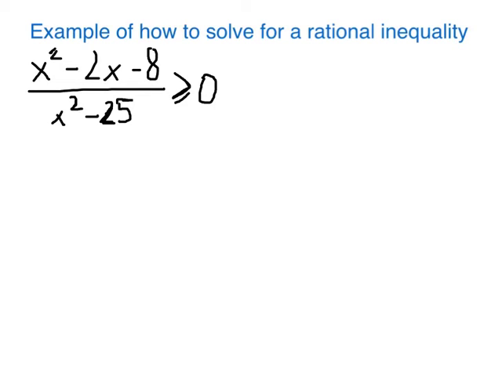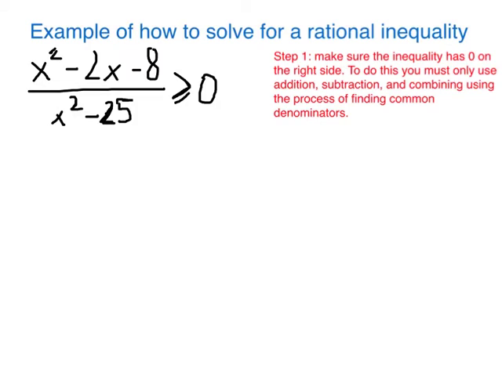Let's do an example of how to graph a rational inequality. Remember, the word rational means fraction with x in the numerator and denominator, or any variable in the numerator and denominator. So the first step would be: we need to make sure that the inequality has 0 on the right side and everything else is on the left side.